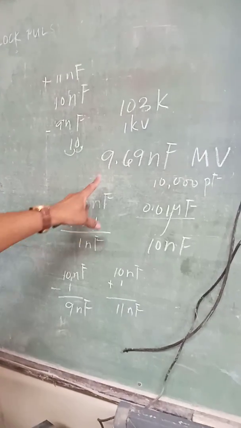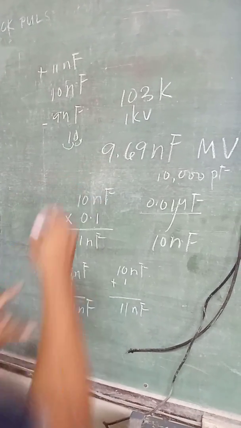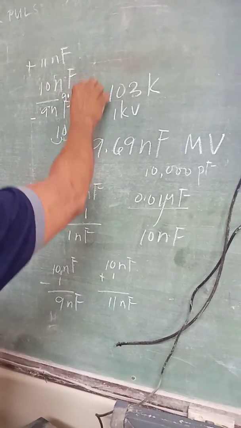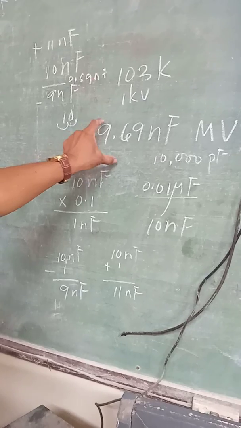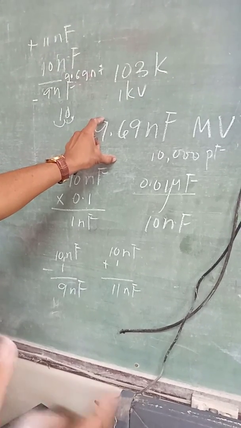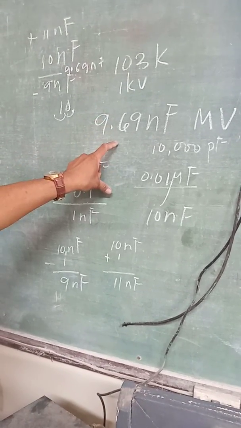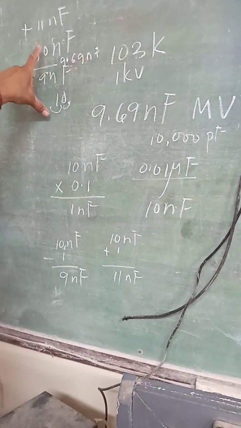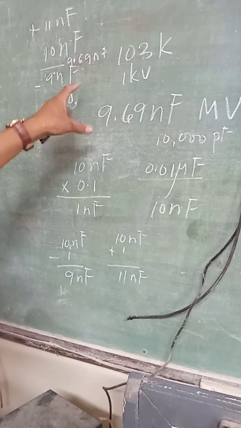And we have here the measured value, 9.69, somewhere here. So this measured value is still tolerable. That capacitor is still good because it is still within the tolerance limit.